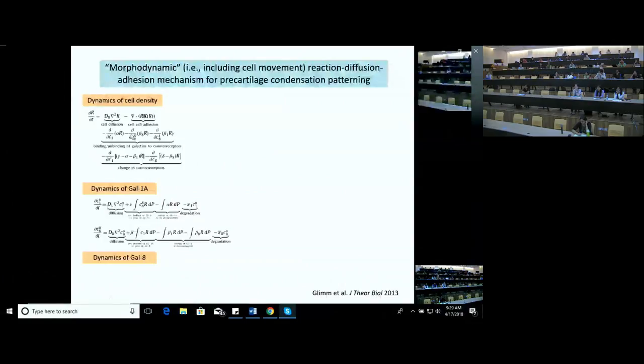But take a look at this term over here. This is a cell-cell adhesion term. It's a term that represents the movement of cells in response to galectin 1A, when galectin 1A reaches a certain threshold concentration.